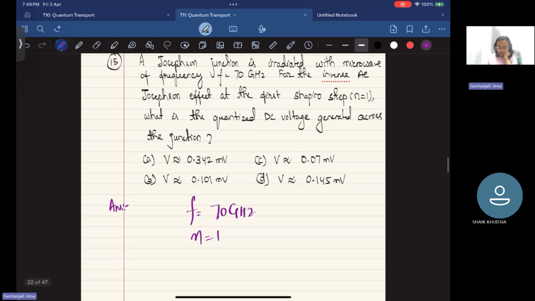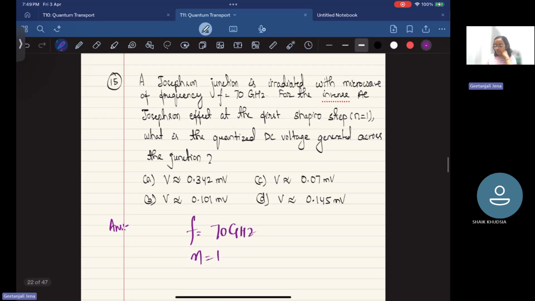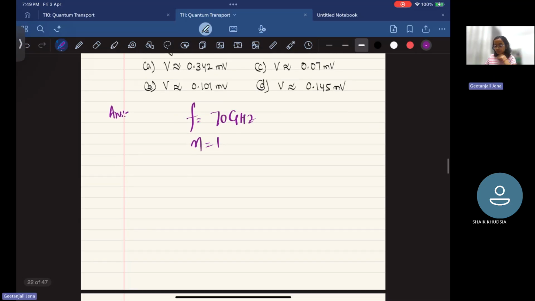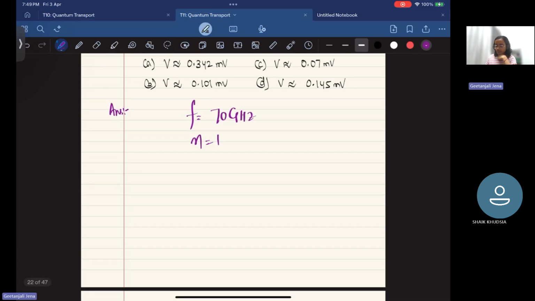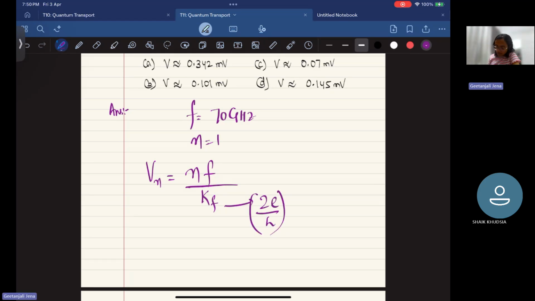Okay, so let me go through these steps. If you recall, in the inverse Josephson effect that we use as a voltage standard, the expression is Vn is n F by Kj. Kj here is 2E by H, and this already has a value of 483.6 megahertz per microvolt.